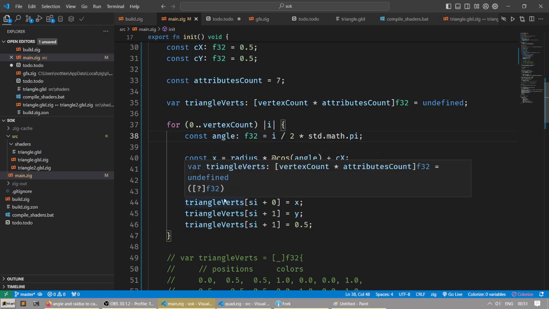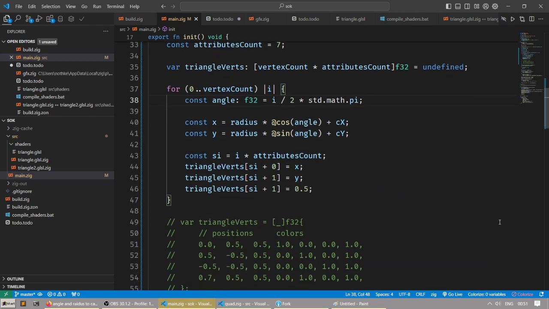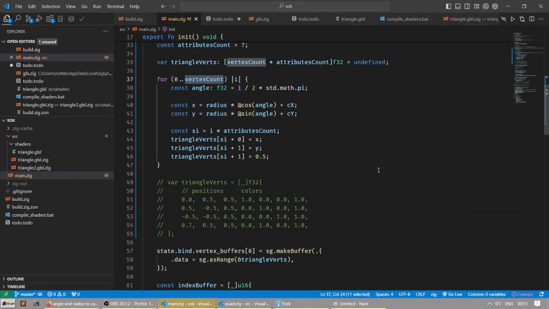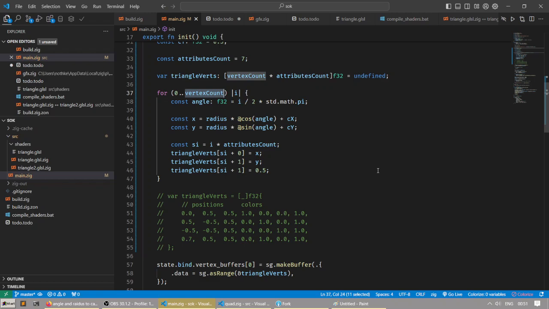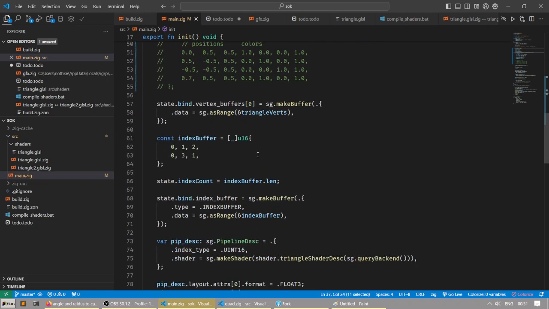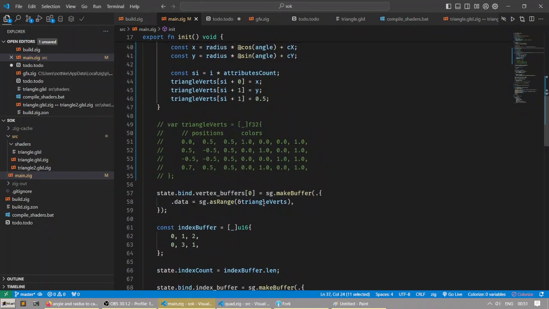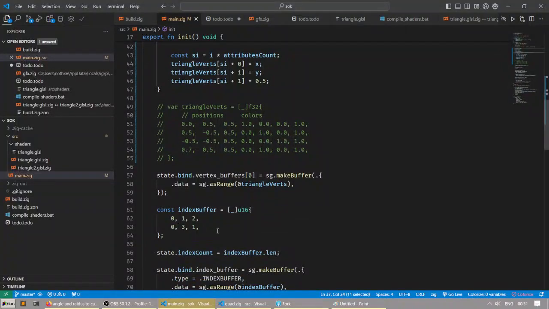So yeah, I think this should work. But the problem is that now we also have the problem with indices, because the indices are completely wrong. But let's keep these indices because we should be able to see at least the first triangle. At least the first little pizza slice.